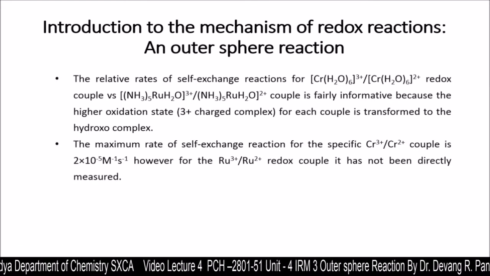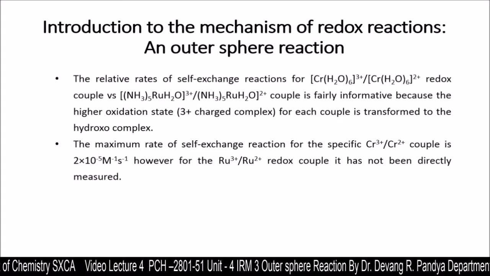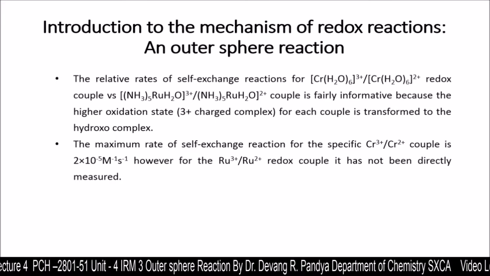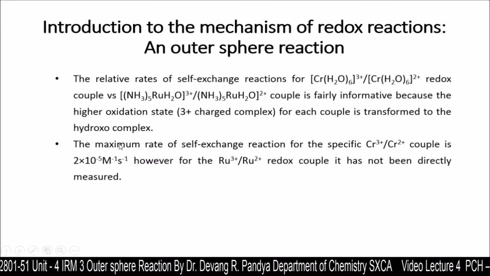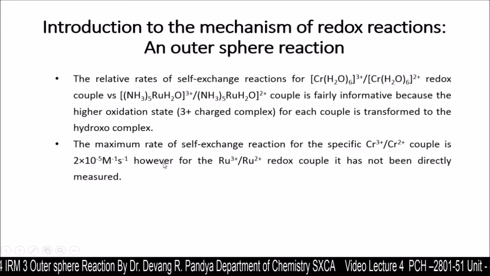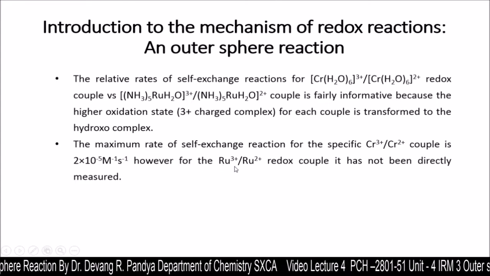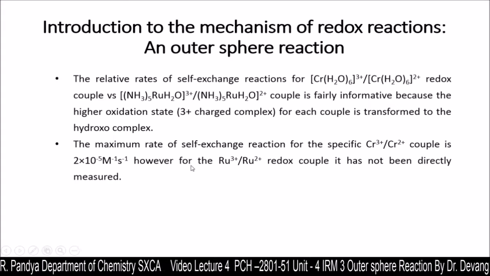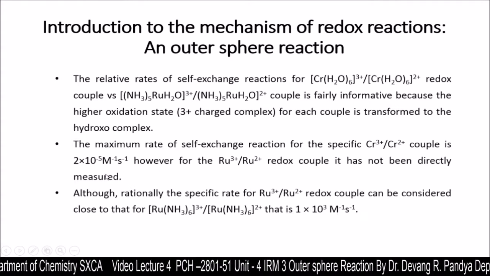The maximum rate of self-exchange reaction for the chromium +3 to chromium +2 couple is 2 × 10⁻⁵ per meter per second. However, for the Ru +3 to +2 redox couple, it has not been directly measured.